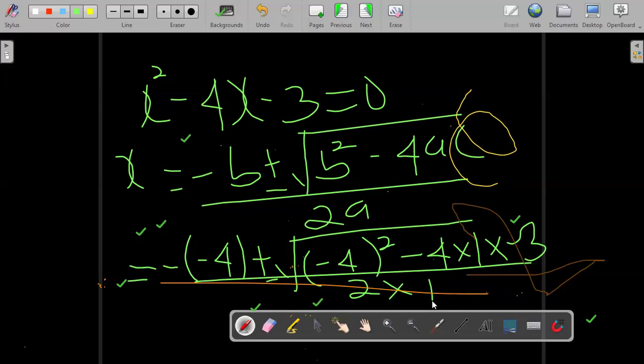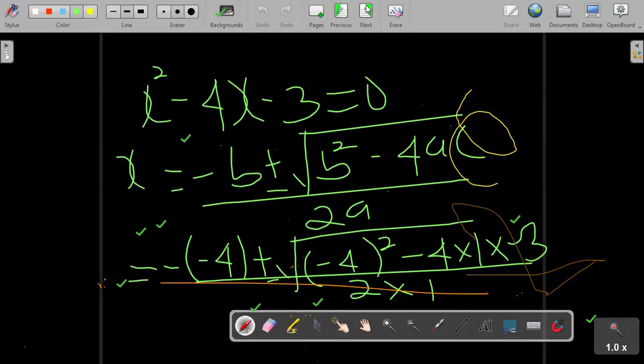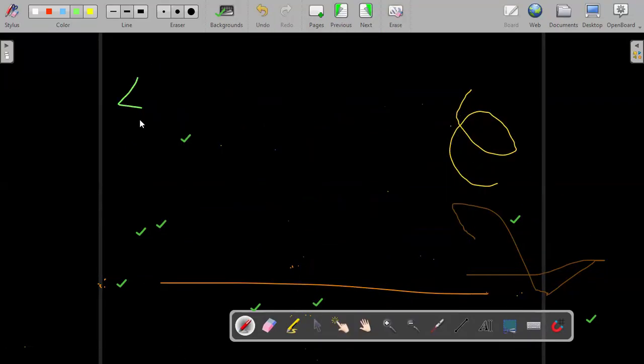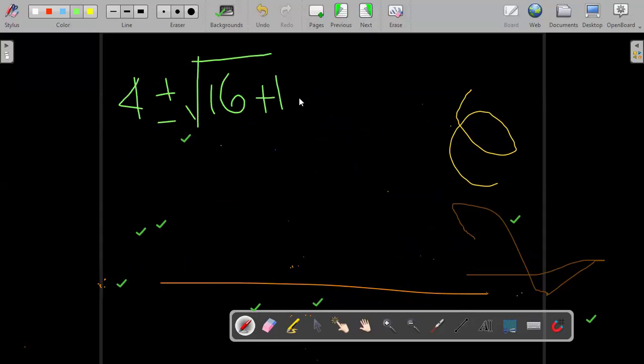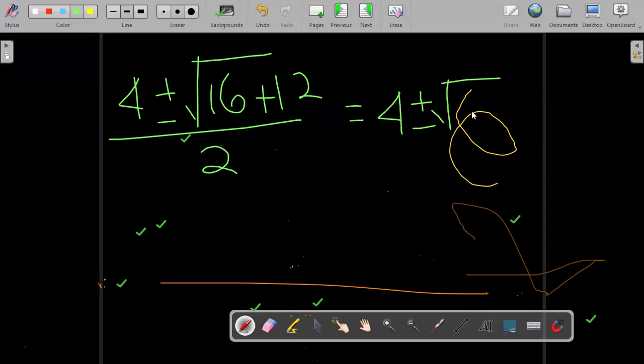So we're going to have 4 plus or minus 4 squared is 16 plus, why is it plus? Minus 4 times 1, that is minus 4. Minus 4 times minus 3 will give us a plus 12. Plus of 12. 2 times 1 is 2. I'm going to have 4 plus or minus the square root of 28 divided by 2.